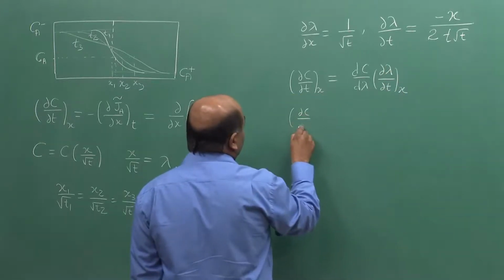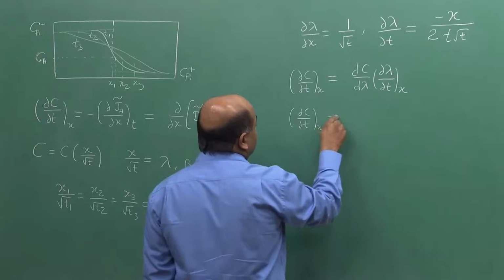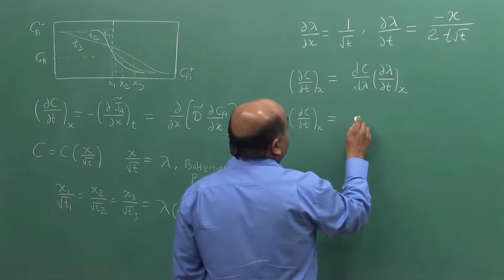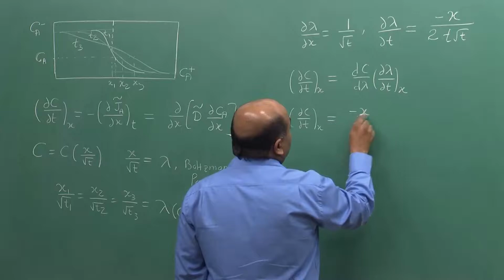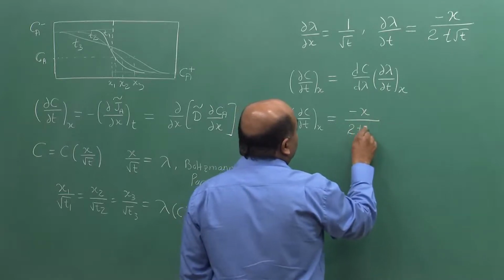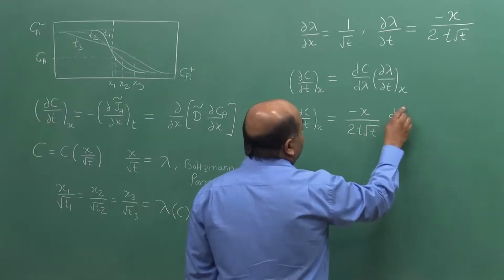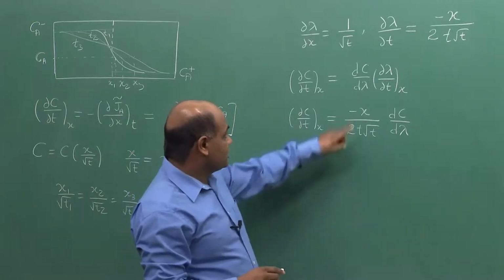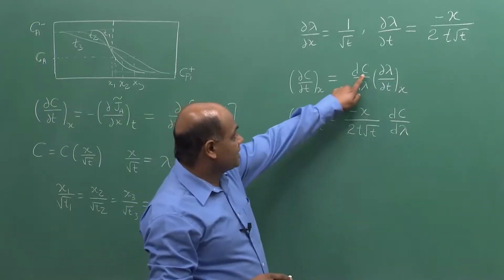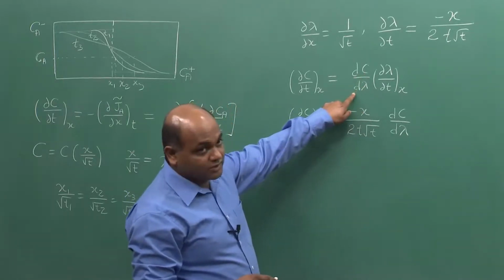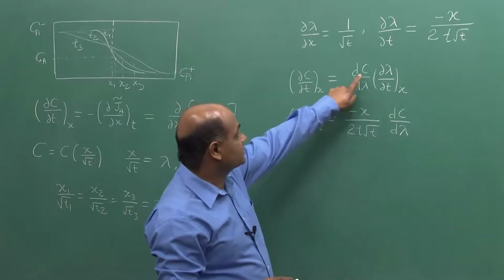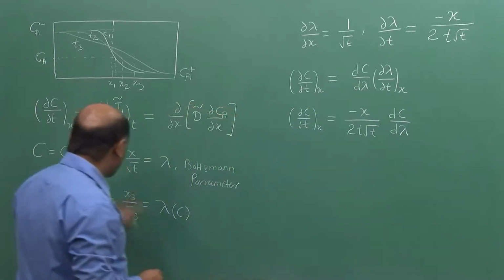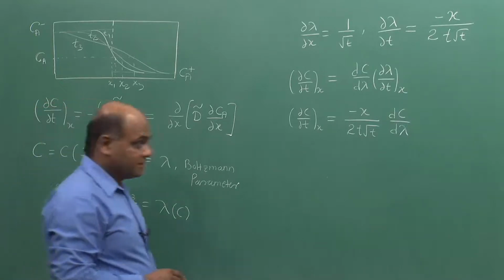So, dou C by dou t at x, which is the left hand side of this equation here, should be equal to minus x over 2 t root t dC by d lambda. Note, we are writing the derivative of C with respect to lambda as an ordinary derivative, because C is a function of lambda. Lambda involves both the parameters x and t.